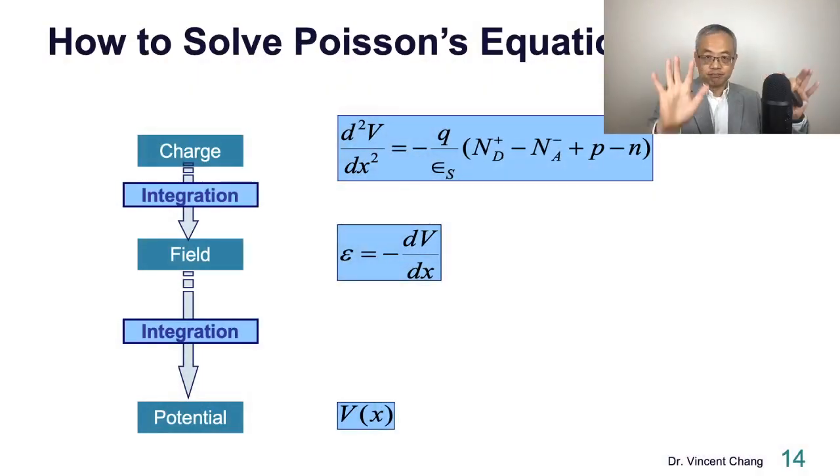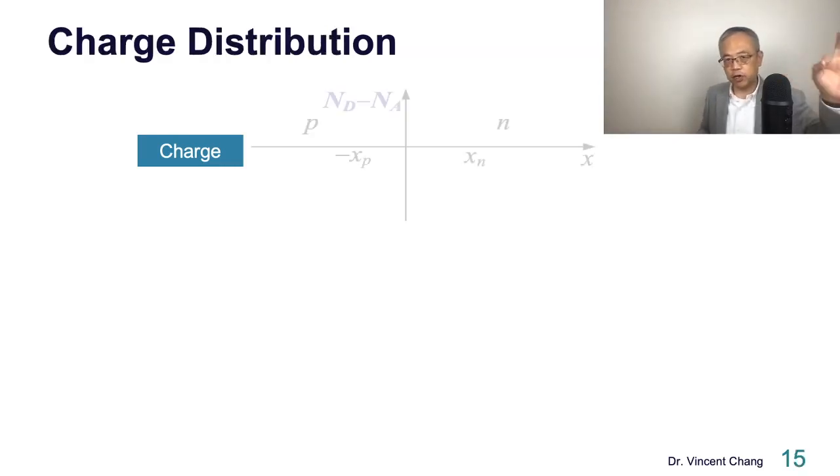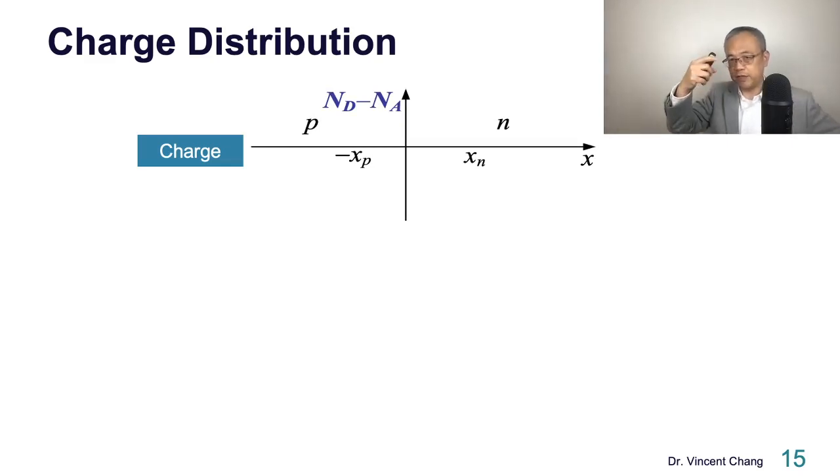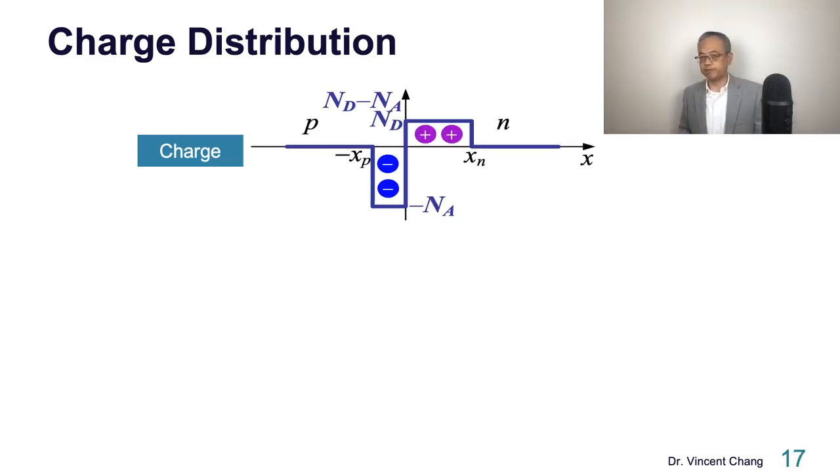So now, this is the key takeaway of this lecture, all right? Charge, field, and potential. So starting from the charge distribution, let's say it's the step junction. What do we mean by the step junction? The charge distribution is uniform.